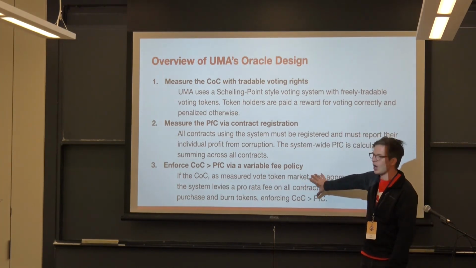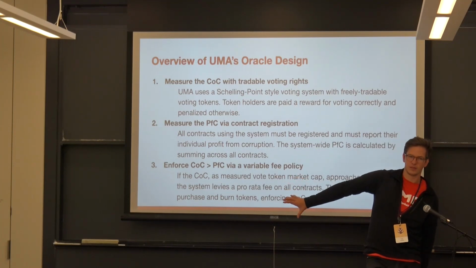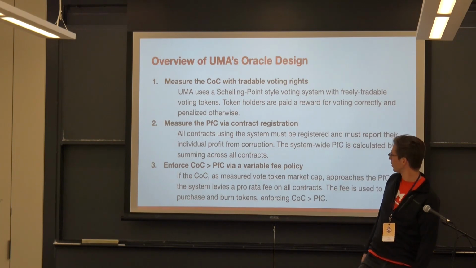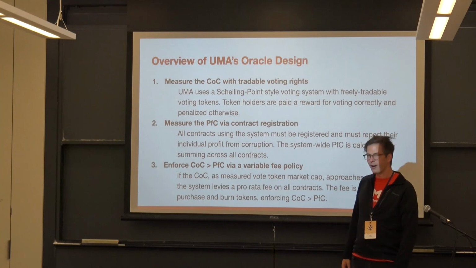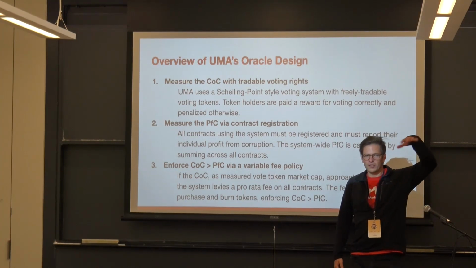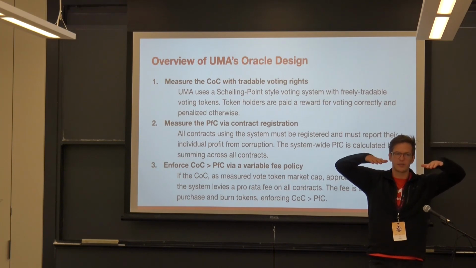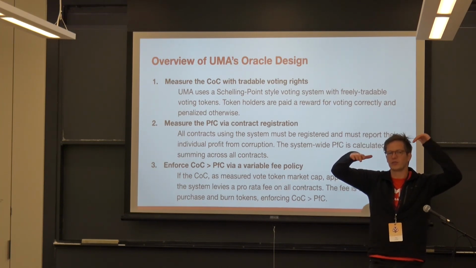Part three, how do we enforce this inequality where we make sure that the cost of corrupting the system is greater than what you could steal? And we do this with what we're calling a variable fee policy or variable tax policy, where if and when the cost of corrupting the system approaches the floor, so basically as that inequality gets threatened, we levy a tax on the users of our system.